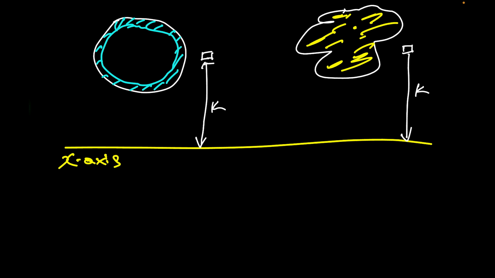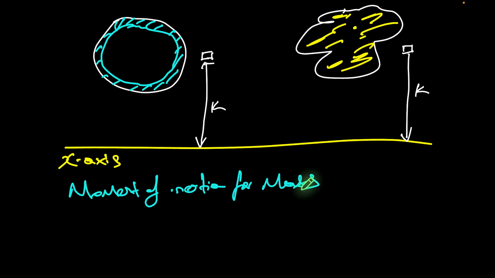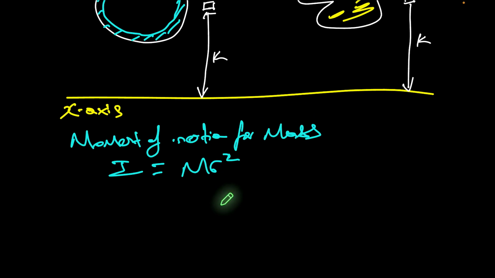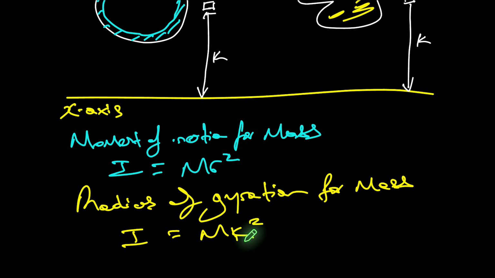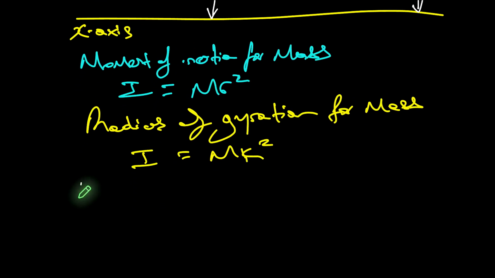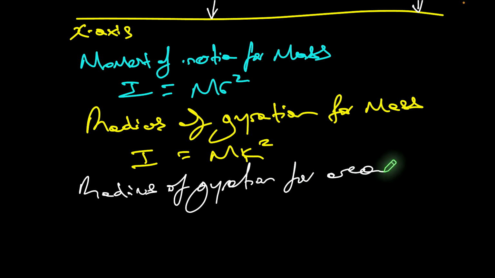The moment of inertia for mass is I equals mr squared. And if we were to use the radius of gyration, that would be I equals mk squared. If we consider the radius of gyration for area, it would be very similar. Instead of mk squared, it would be area times that distance squared, so I equals ak squared.